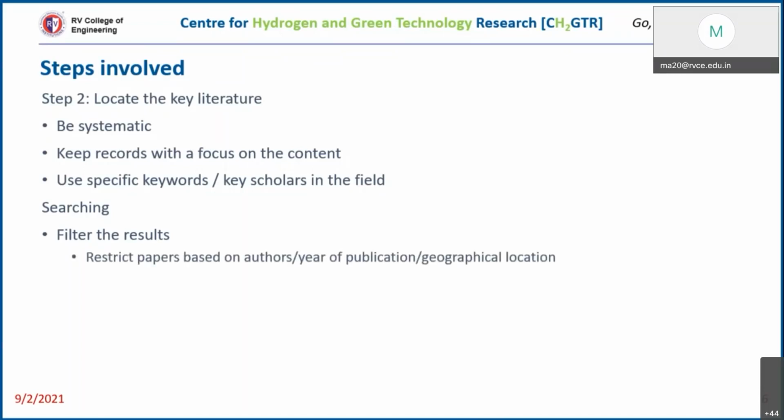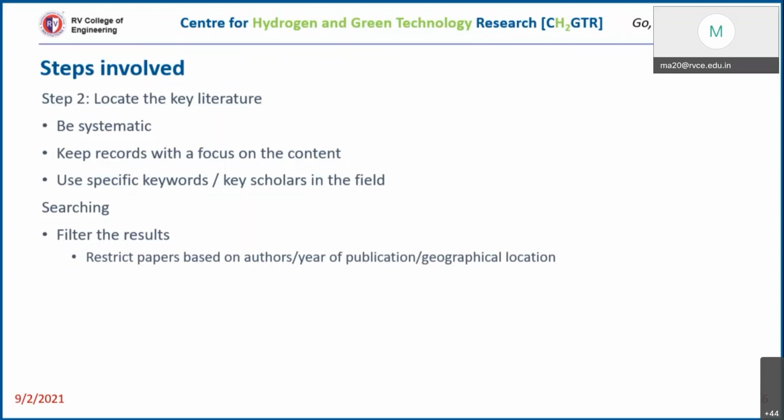Okay. So it could be restricting papers based on specific authors or year of publication or a specific geographic location. So for instance, we need to know about hydrogen technology that is happening in India. So there you are restricting the geographic location to India.